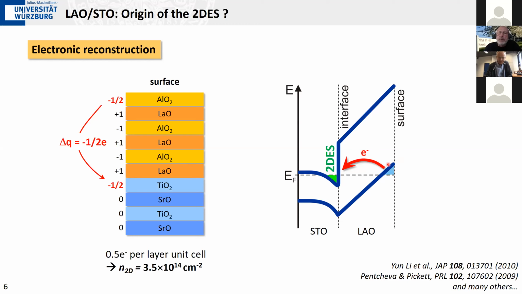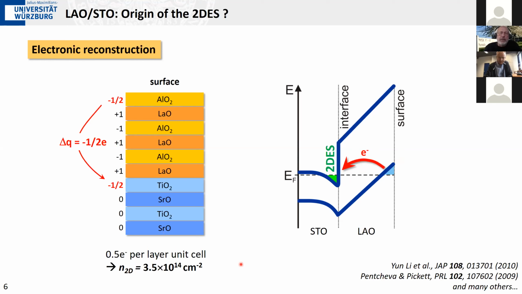You depopulate the surface, and you end up with these electrons sitting in the conduction band of the STO at the interface, forming this two-dimensional electron system. In order to make this happen, if you just look at the electrostatics, you expect to see half an electron per lateral unit cell, which translates into 3.5 times 10 to the 14 per square centimeter.